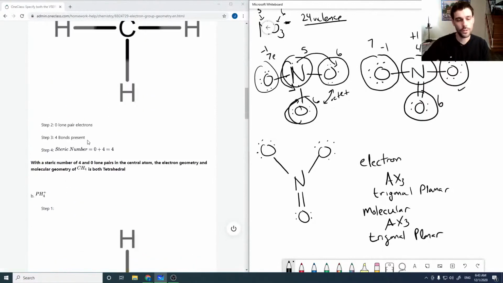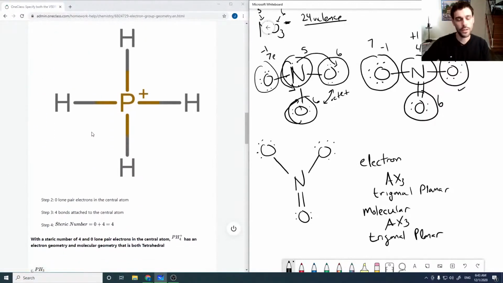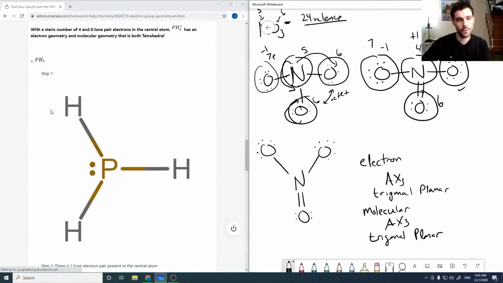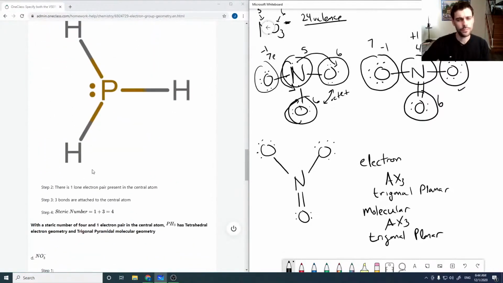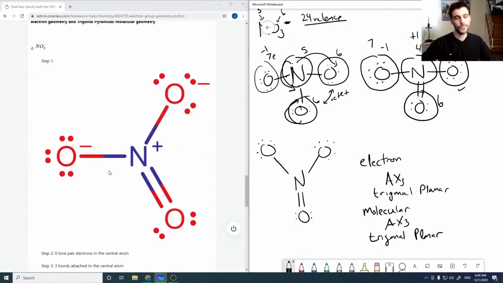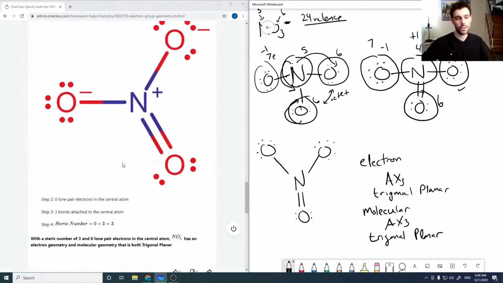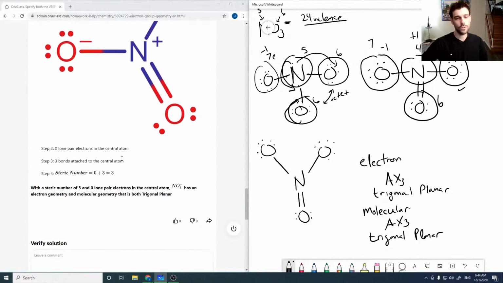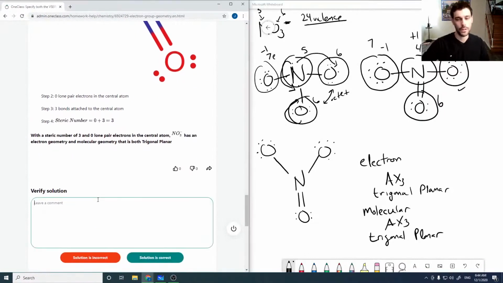For CH4 it's tetrahedral. For PH4 plus we again have 4, so it's tetrahedral. For PH3 we have a single non-bonding set of electrons and 3 other ones, so the electron geometry is tetrahedral, but the molecular is trigonal pyramidal. For NO3 minus we have only 3 constituents, and so it's trigonal planar for both electron and molecular. So it looks good. Let's see if that's correct.